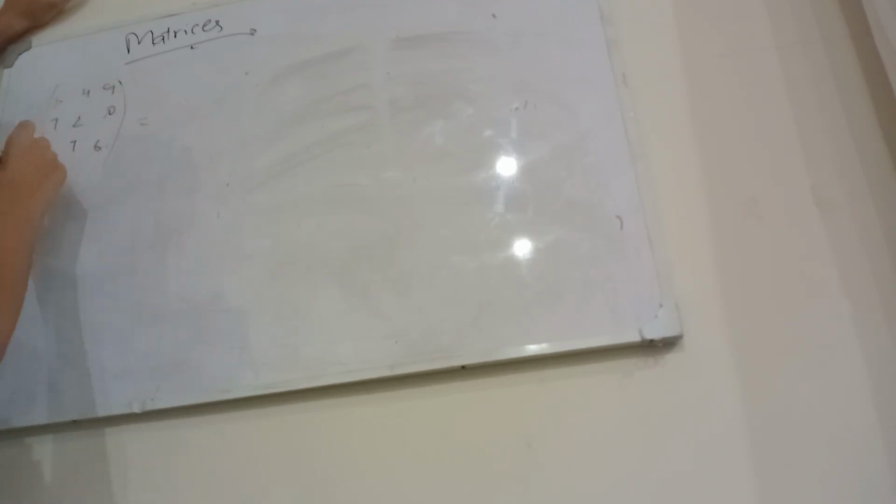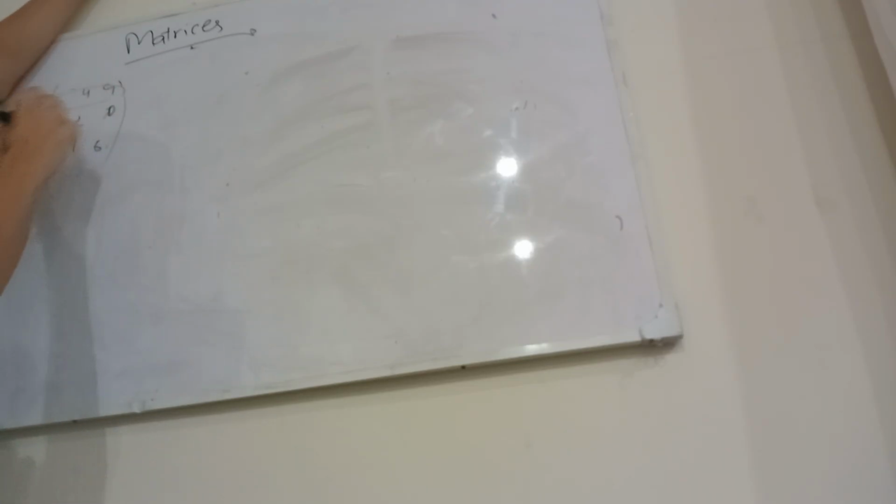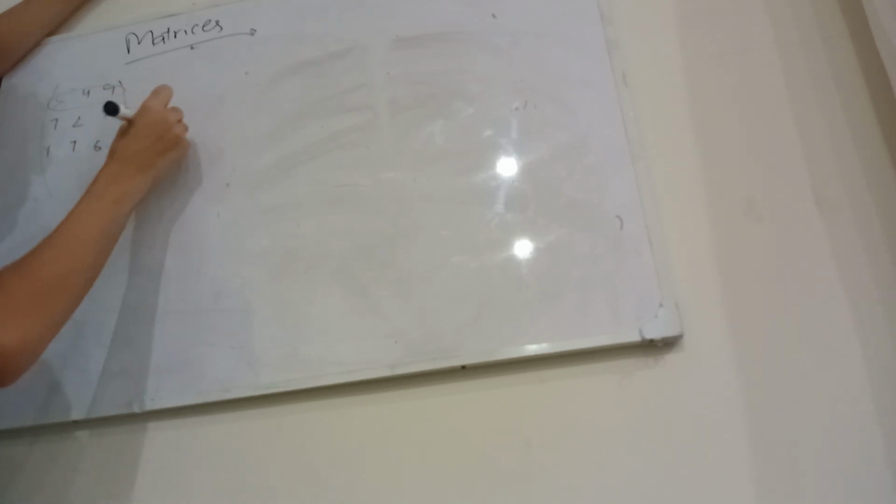Let's choose this column because this entry is 0 already, so it makes things easier. But just to explain, I'm going to choose this row. Just choose the row which makes things easier for you. Row or column, you can choose anything. I'm going to choose this column, so I'm going to multiply by 5.